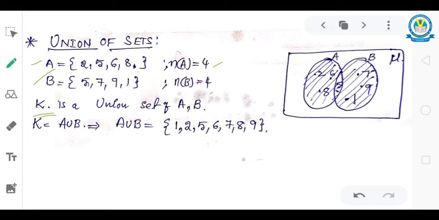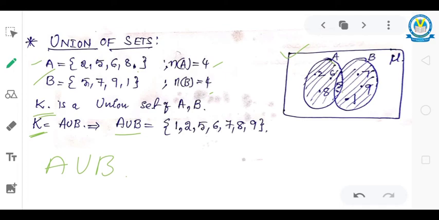So you can write it as A union B. K is representing the union set. So A union B. Here set A equals 2, 5, 6, 8, and set B equals 5, 7, 9, 1. Representing it with this diagram, set A has 2, 6, 5, 8, and B has 5, 7, 9, 1.